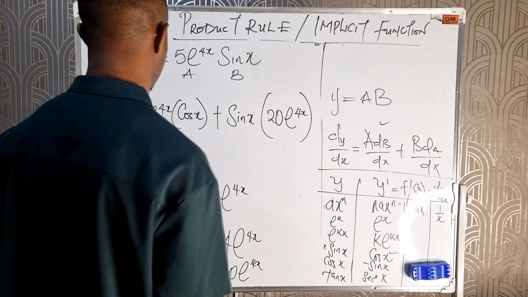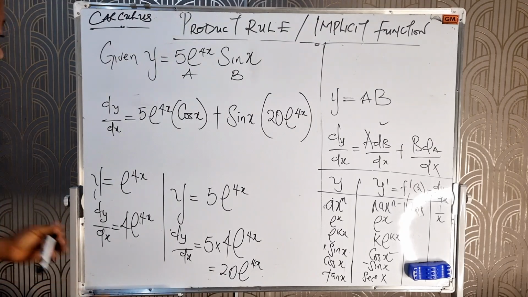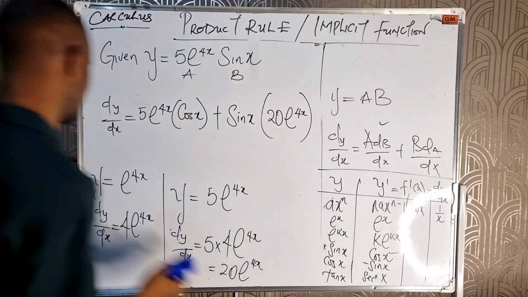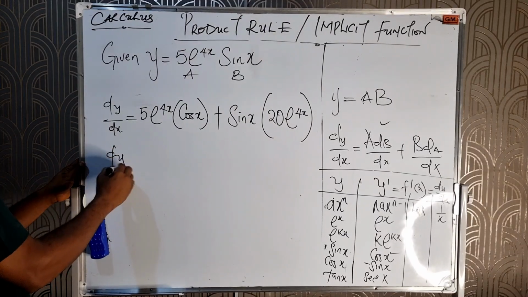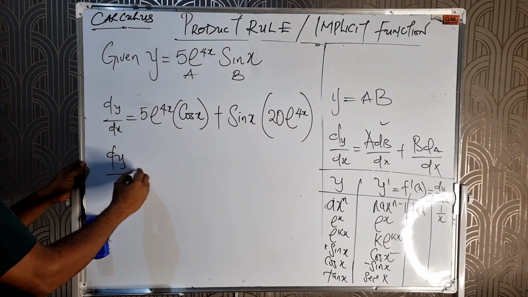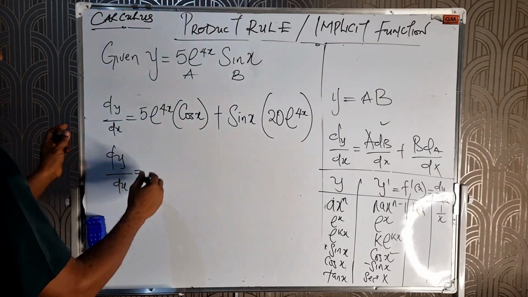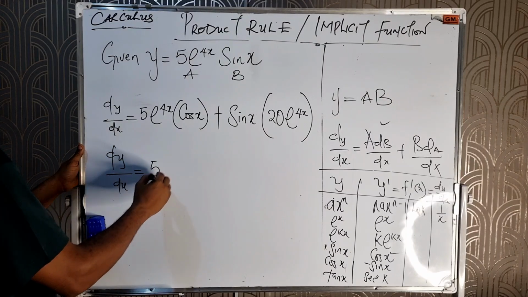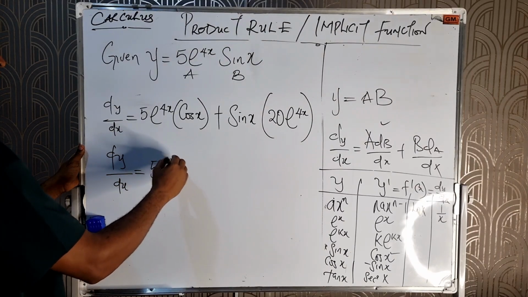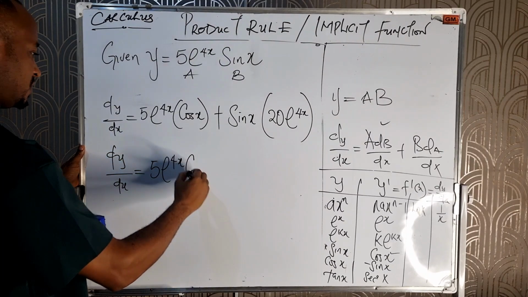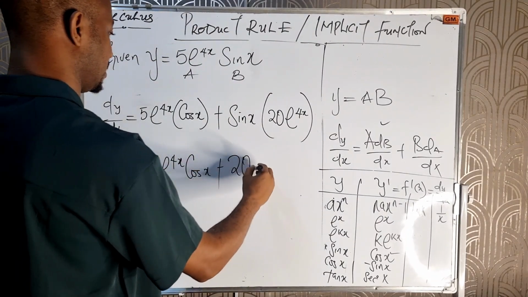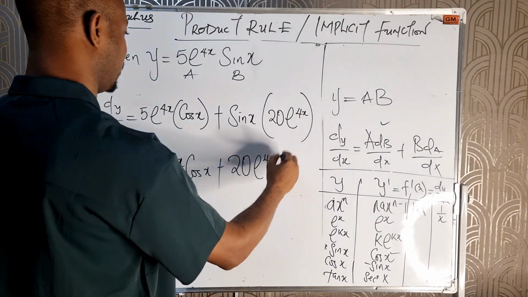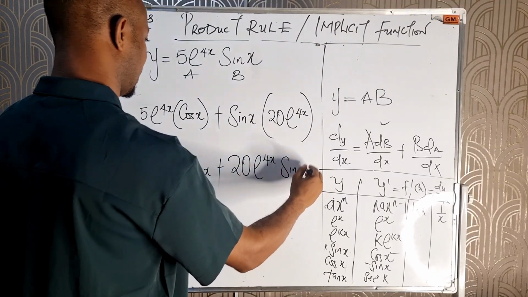Please don't forget. So let's see how we can expand this together. Let's expand and see. Yeah, we're going to have dy/dx equals 5 exponential 4x cos x plus 20 exponential 4x sin x.